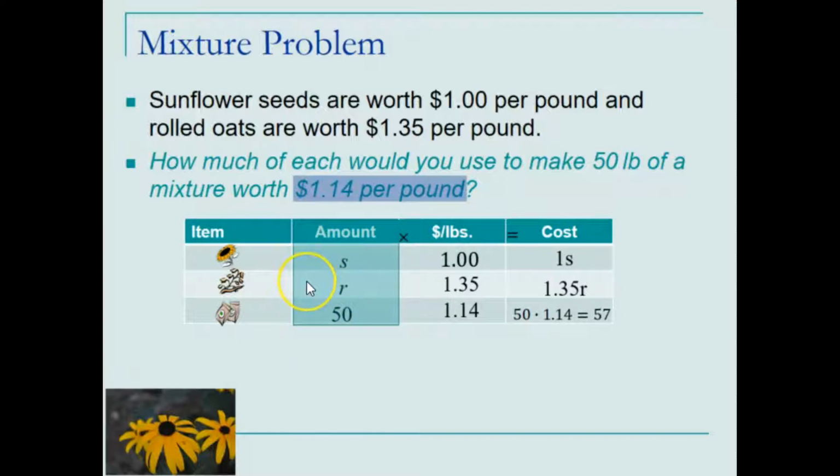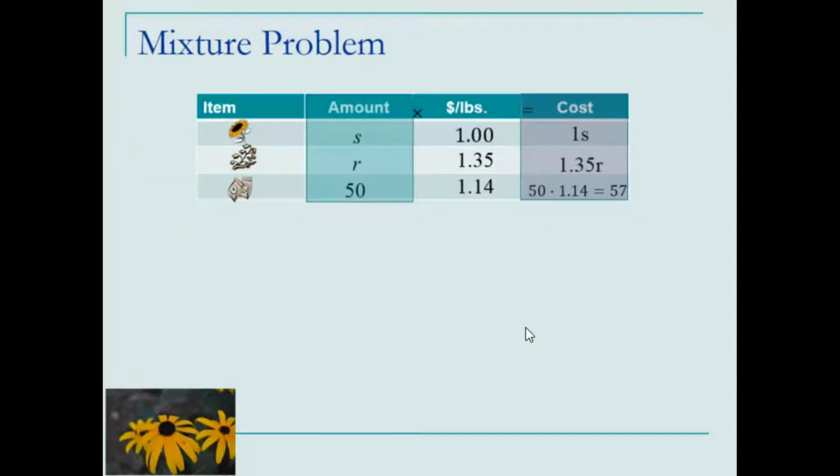The sunflowers plus rolled oats will equal our mixture weight, and likewise the cost of each of these two items will equal the sum of those, which is represented by our mixture's cost.